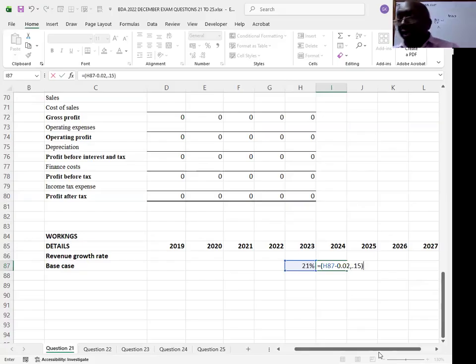Because what we want Excel to give us is the higher of 21 minus 2 and 15. Because we do not want to reduce by less than 15. If you are comfortable with what I'm saying, just press enter, tell me the answer. If you want me to repeat, you can say.